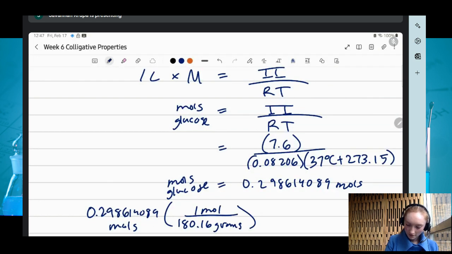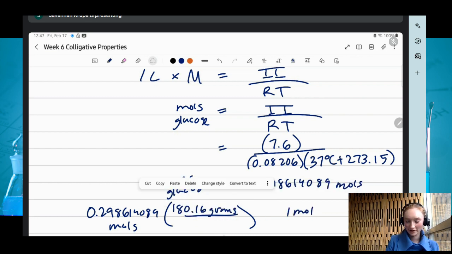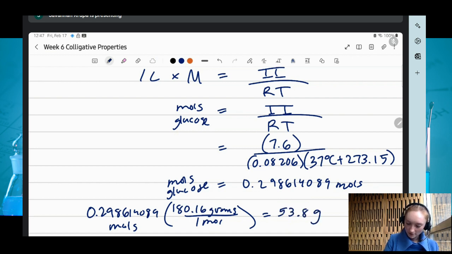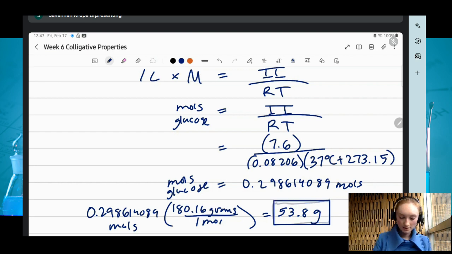Oh, sorry. Let's switch that around. The grams go on the top this time. I'm so used to the other way around. Okay, multiplying that out, we will get a mass of 53.8 grams. So that is the mass of the glucose in this problem.